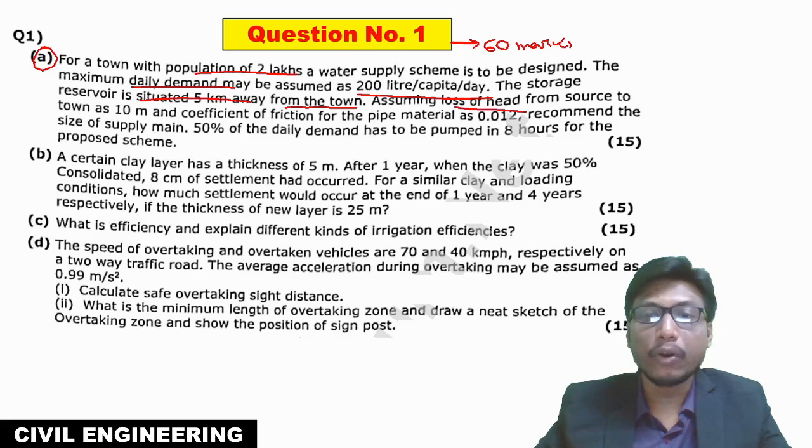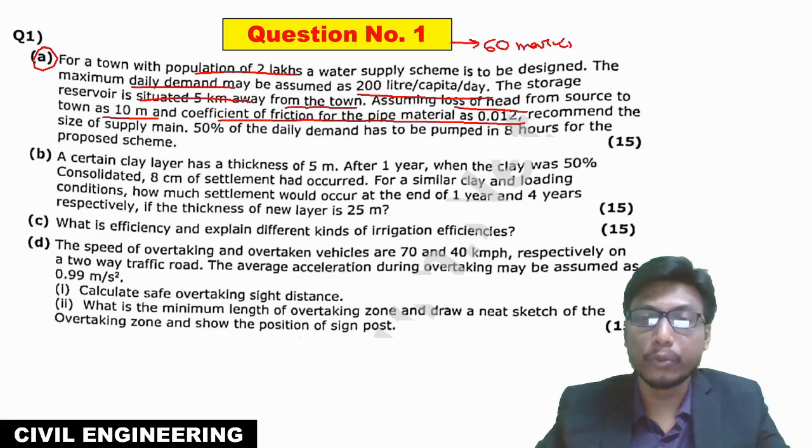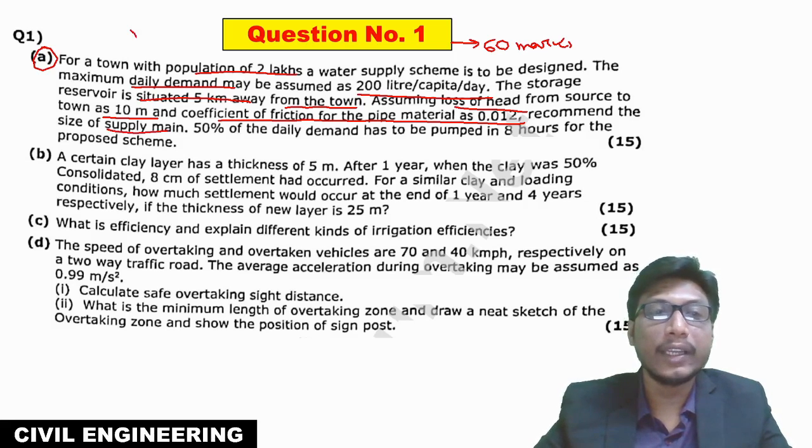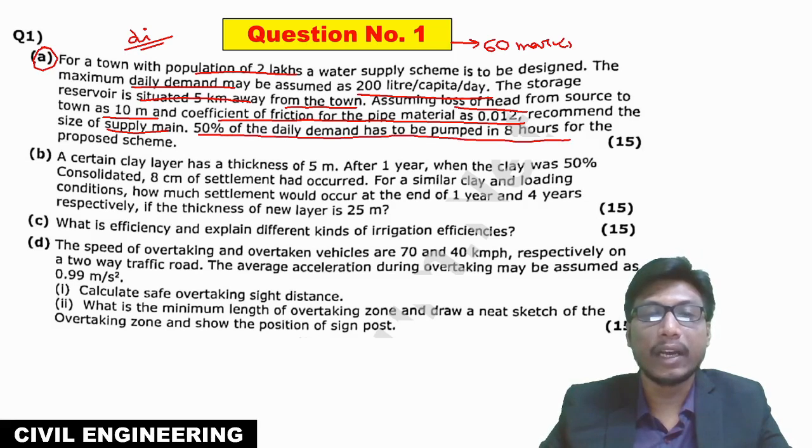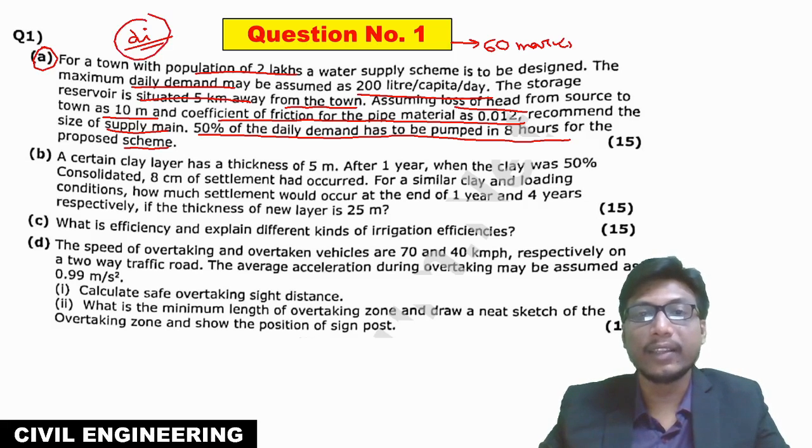Assuming the head loss from the source to the town is 10 meters, and the coefficient of friction for the pipe material is 0.012, recommend the size of the supply main, that means the internal diameter of the supply pipe, for 50% of the daily demand to be pumped in 8 hours for the proposed scheme. So here we need to determine the internal diameter of the main pipe. Let's solve it.